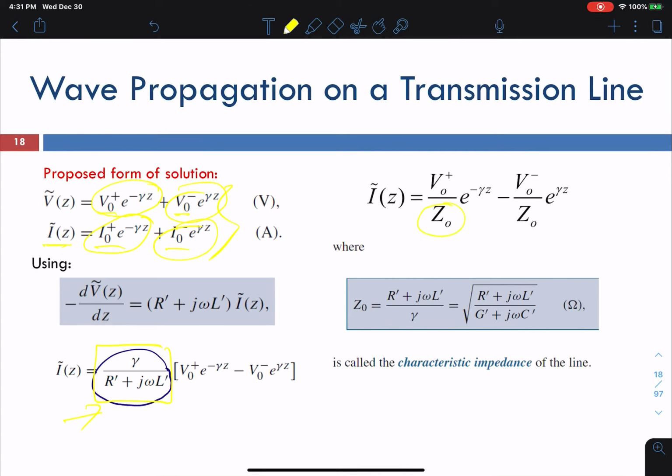Z0 is the characteristic impedance we're talking about, and that characteristic impedance depends on all four parameters you have. So the two things we are looking for in the modeling are gamma, which is the propagation constant, and your Z0, which is your characteristic impedance.